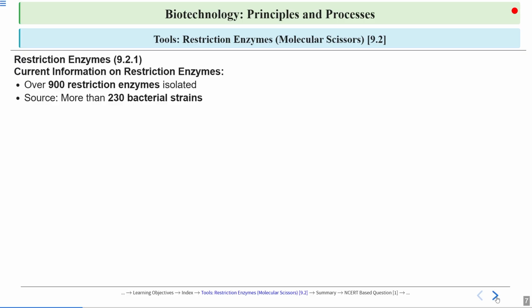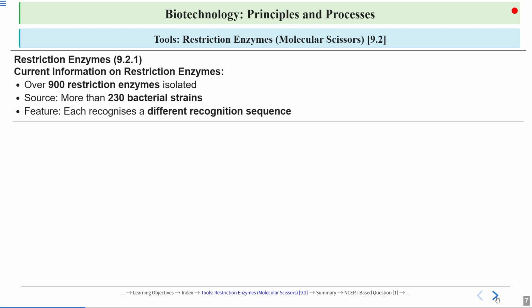More than 900 restriction enzymes have been isolated from 230 bacterial strains. And what is the key feature of all those restriction enzymes? Each and every restriction enzyme recognizes a different recognition sequence.